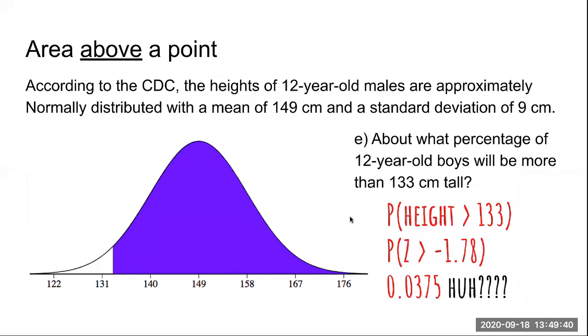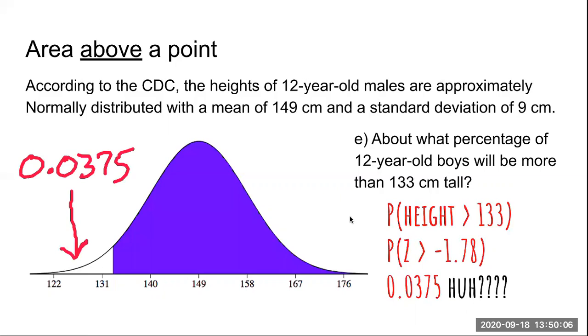There's a problem here though, right? This is a huge blue area. It looks like it would be bigger than 0.0375. The issue is that Table A always gives you a percentile. It always is that boundary or less. So really this side is 0.0375.